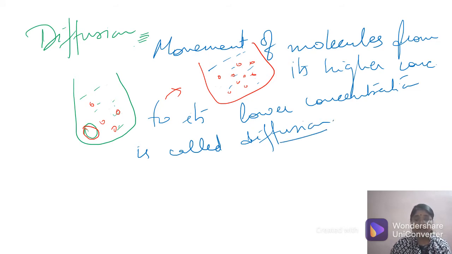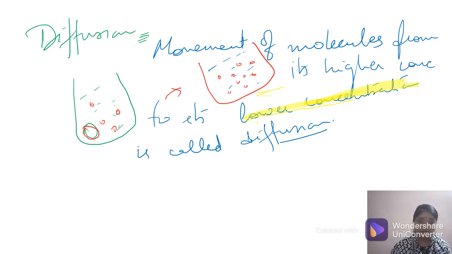Look, here what you need to pay attention to is that where there is higher concentration, this higher concentration is creating a kind of potential gradient. So first try to understand what the term gradient means.